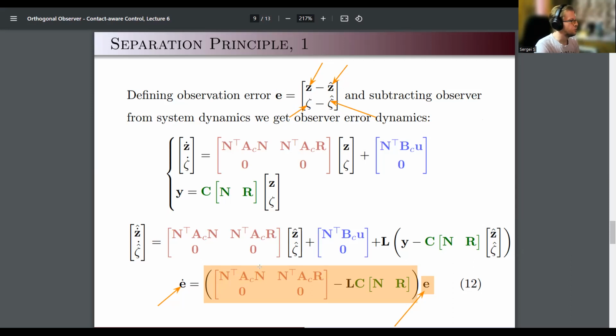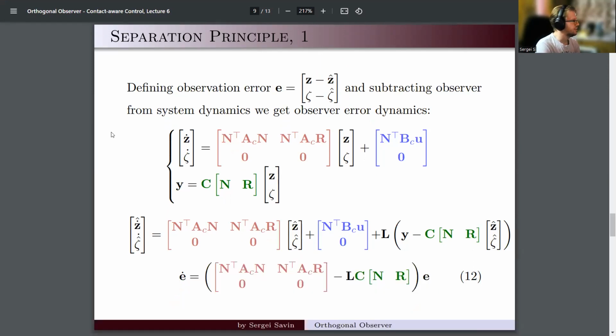The point is that you can write the dynamics in this new variable E as an autonomous system, and not only autonomous, but autonomous in the sense of not depending on other variables. So the dynamics of this error depends only on itself. That is a crucial component.